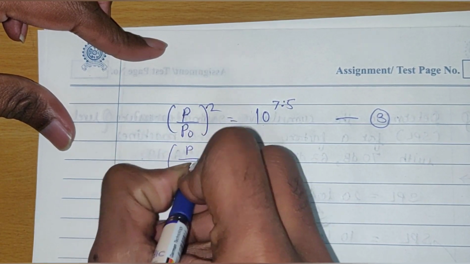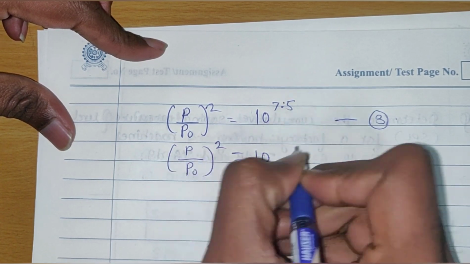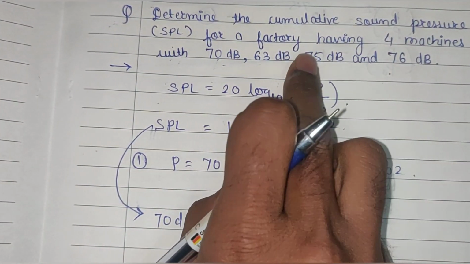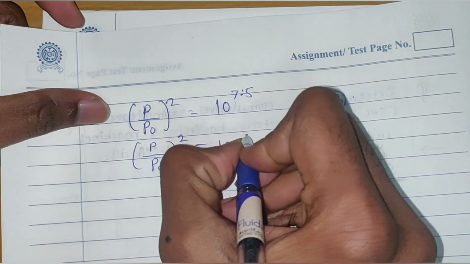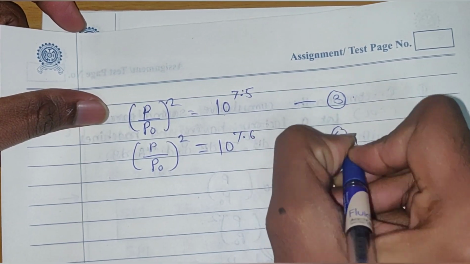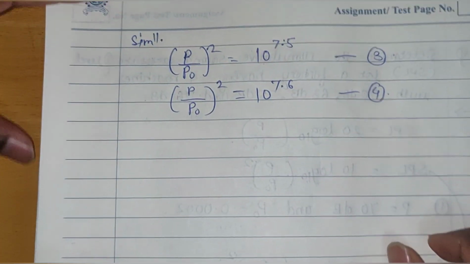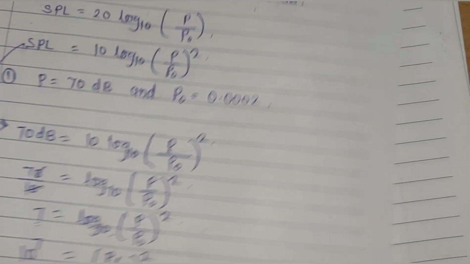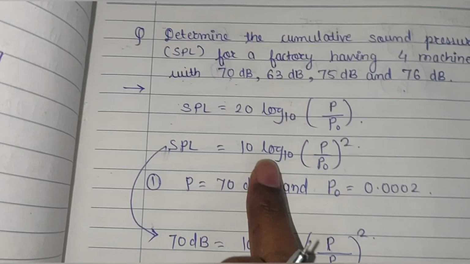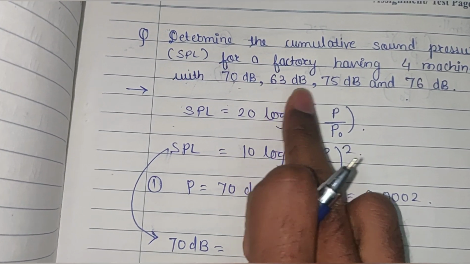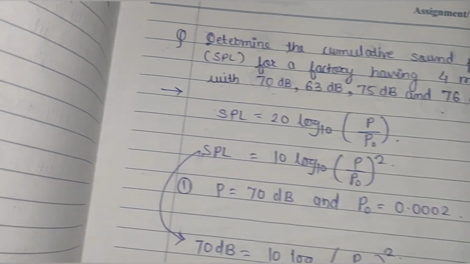Then (P upon P naught) square is equal to 10 to the power 7.6. Now we have calculated the value of sound pressure for 75 decibel, 63 decibel, 70 decibel and 76 decibel.